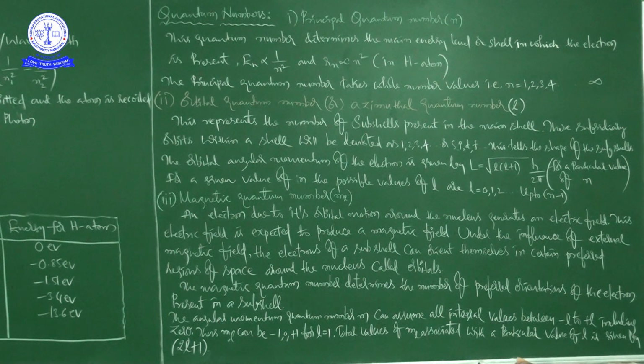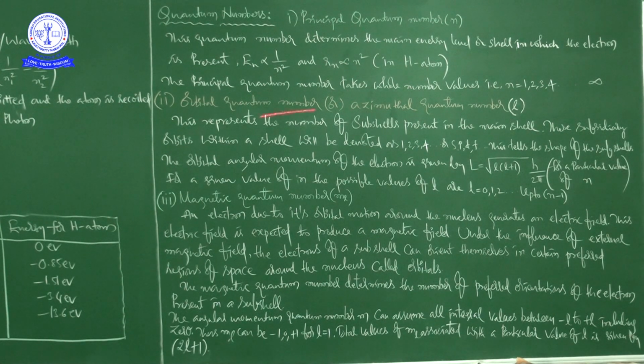This is for a particular value of small n. Next, for a given value of small n, the possible values of small l are 0, 1, 2, up to n minus 1.